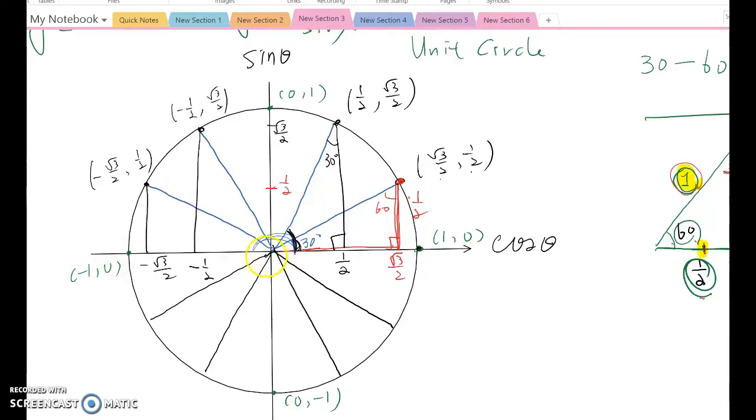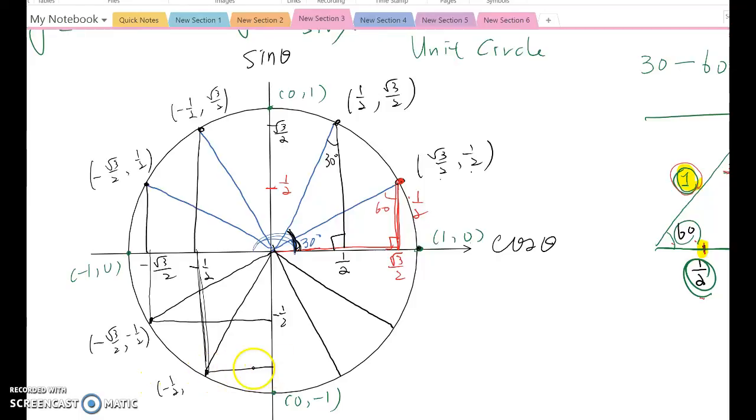Now 210, which is corresponding like this, right? Then this is negative root 3 over 2, then this is negative 1 over 2. And now 240, this becomes negative 1 over 2.